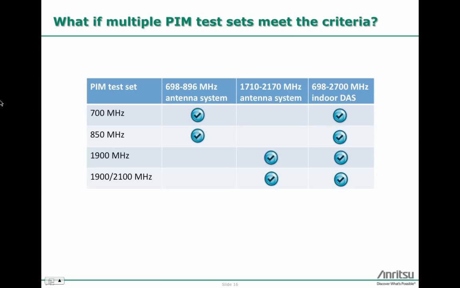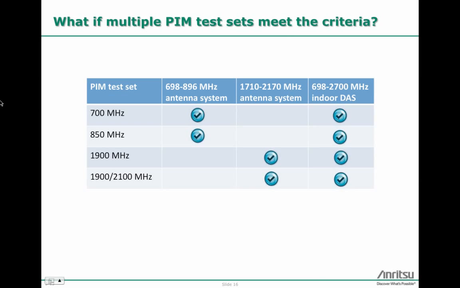All right, so what if multiple test sets meet all of the requirements that I've just mentioned above? That's actually very common. In the North American frequencies, for example, if it's an antenna system and the antenna is the frequency limiting bandwidth, the low frequency ports of antennas generally are designed to operate from 698 to 896, meaning that they'll cover both the 700 megahertz as well as the 850 megahertz spectrum.